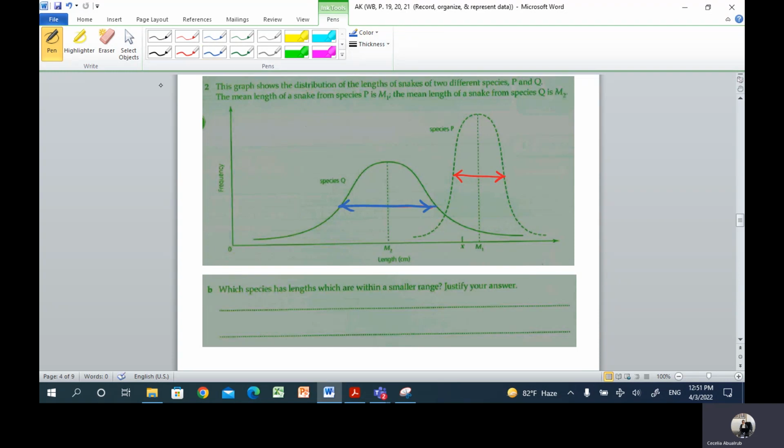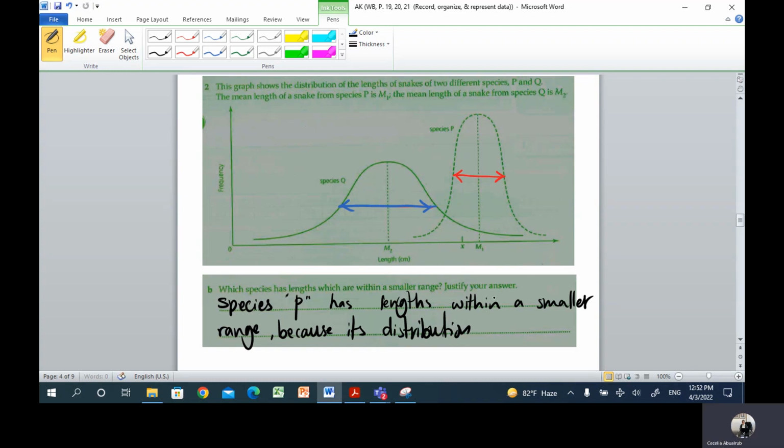So the answer is, again, species P has lengths within a smaller range because its distribution is less spread out than species Q.